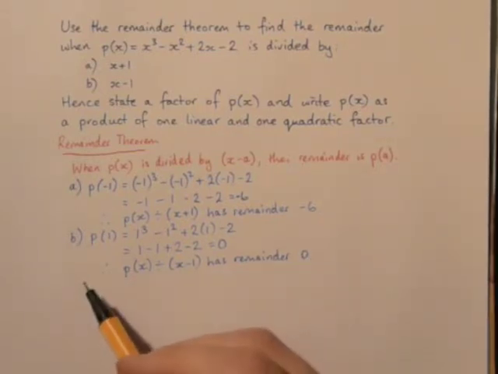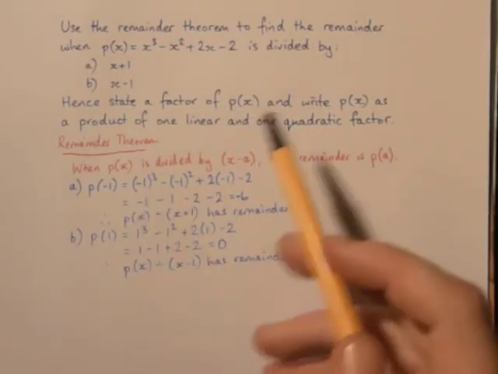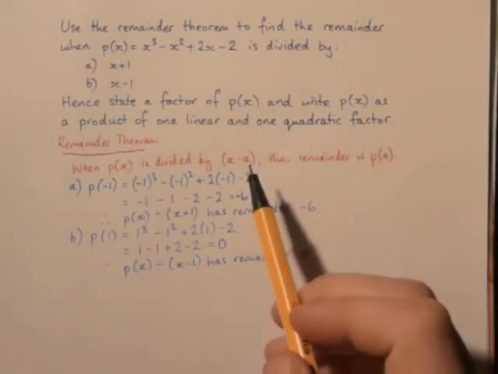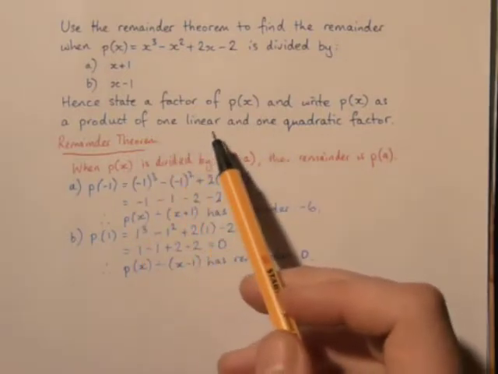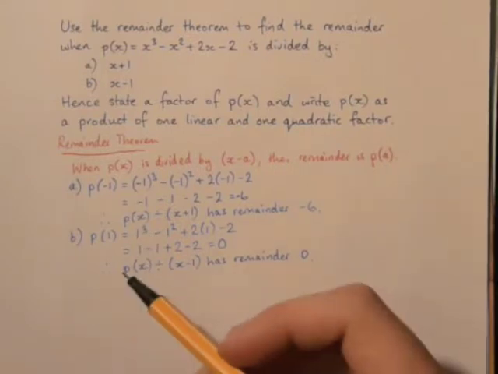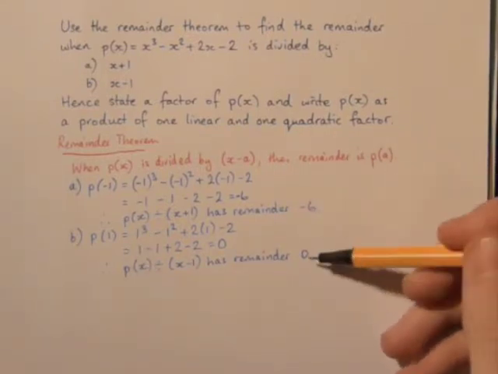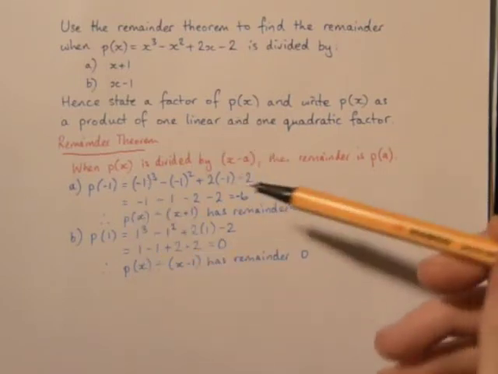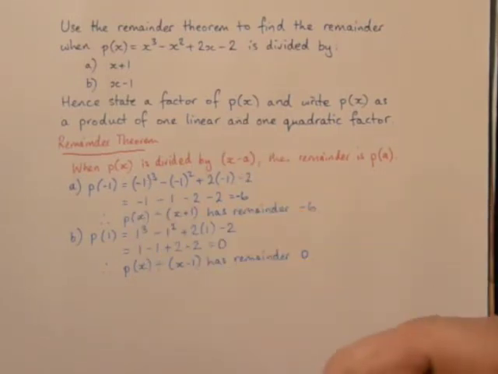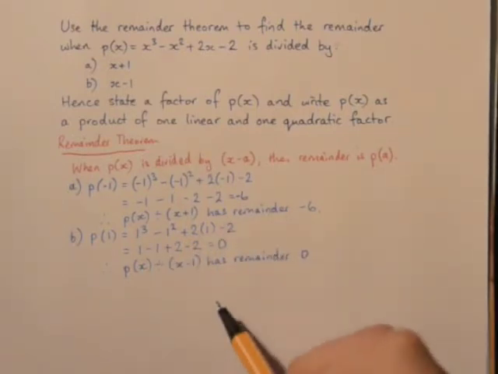Okay, the next part, it says hence state a factor of p of x, then write p of x as a product of one linear and one quadratic factor. Well, the two remainders that we've got are minus 6 and 0 in the two cases that we looked at. If the remainder is 0, that means that it divides exactly.